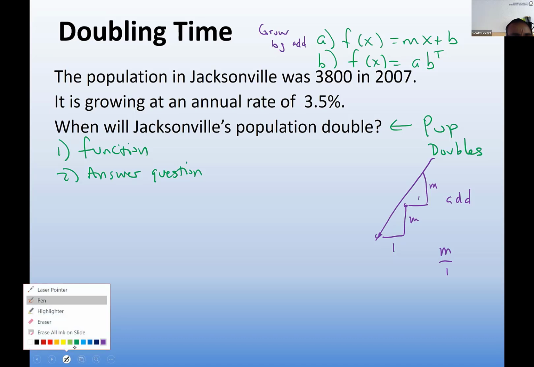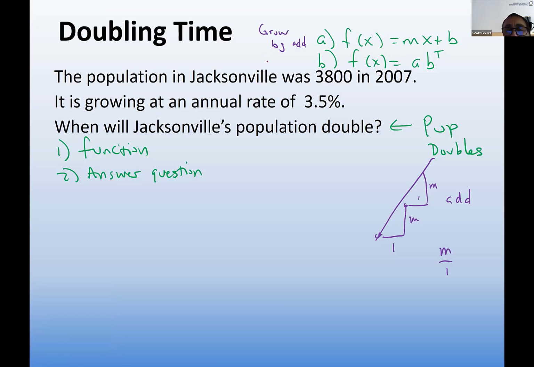But how do exponentials grow? Multiplying. They grow by multiplying. So if you have a point and you go over 1 and you go up a number, let's say it's 1.2, you're going to multiply 1 times 1.2, and now you've got a new number.